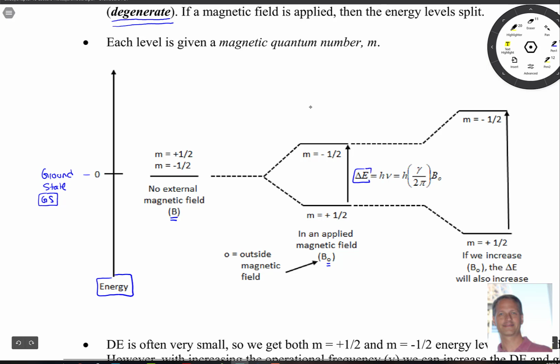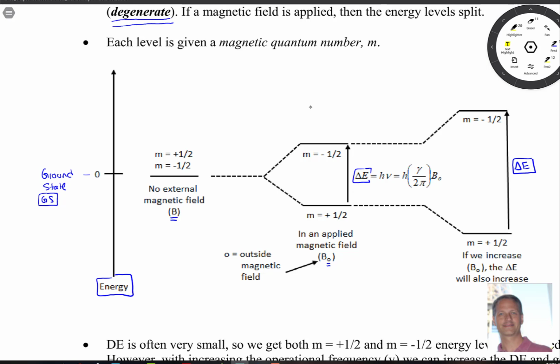And it's equal to h times this little weighted factor, this little variable up here that depends on the atom that's being examined, times the magnetic field. Now if we increase the external magnetic field, then the delta E will also increase. So what we want is we'd like to see a large delta E here so that we can observe the resonance phenomena occurring.